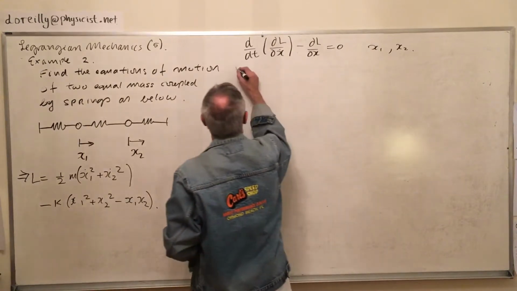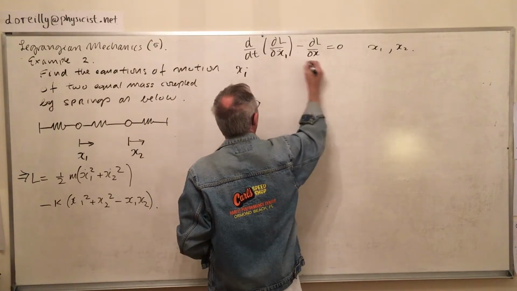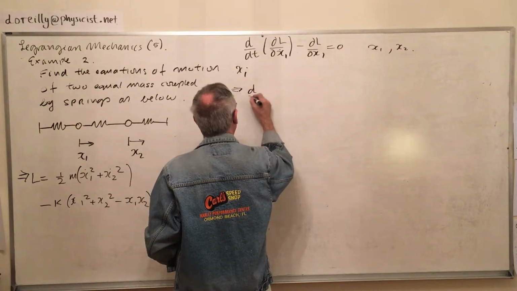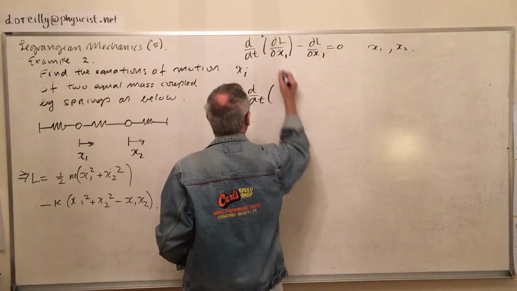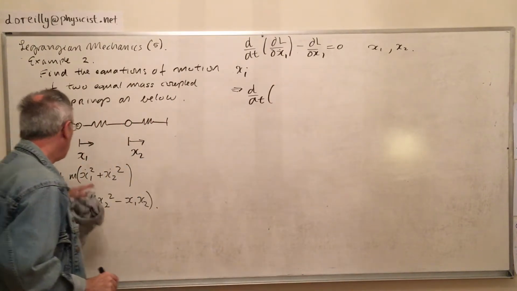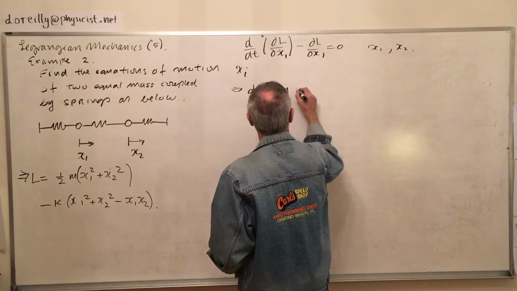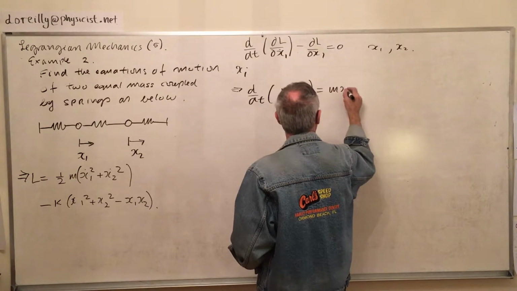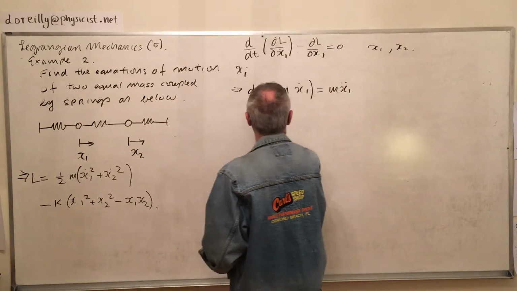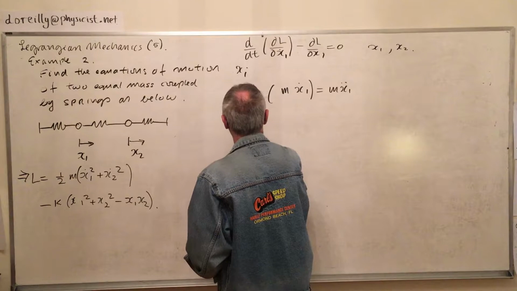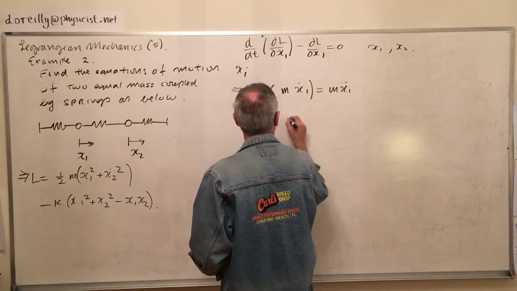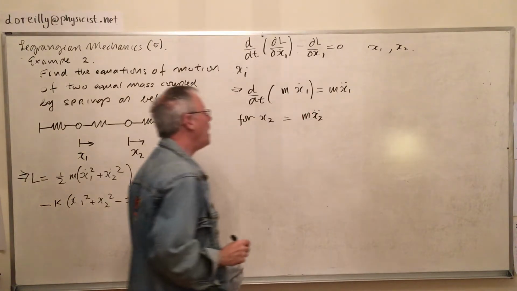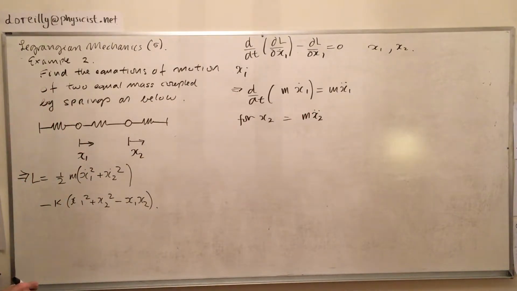So for x1, we'll make this x1. And we'll take the derivative of this part first, of this thing here. And similarly, m x2 double dot will be the force for the x2 particle.